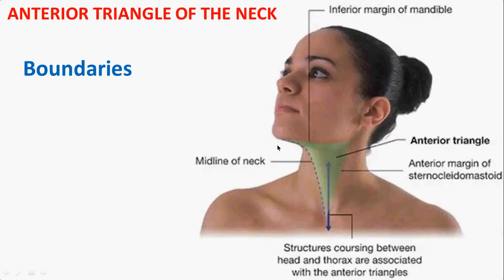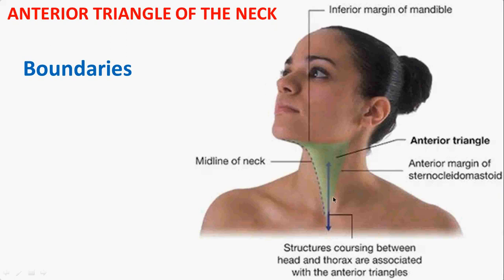Now we will see the anterior triangle of the neck in detail. First we will see what the boundaries are. Here you can see this is the midline, which extends from the middle of the mandible, from the symphysis menti, to the suprasternal notch, at the meeting point of the sternocleidomastoid.